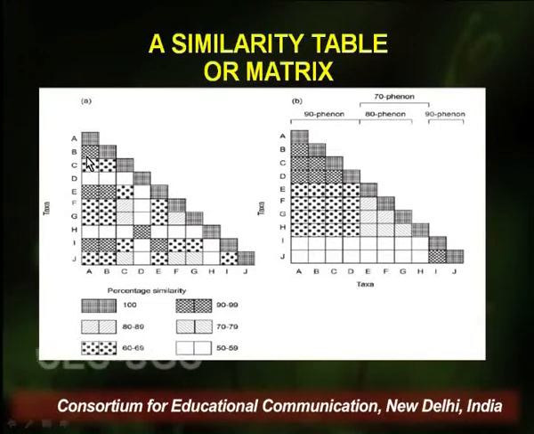And taxon A has 80 to 90% similarity with taxon B. We designate different symbols or solid shadings in the matrix based on the percentage similarity, from say 10% to 50 or 55%. Then the next step is that we bring together all the taxa which have similar percentages. We cluster them together based on the overall similarity coefficient.